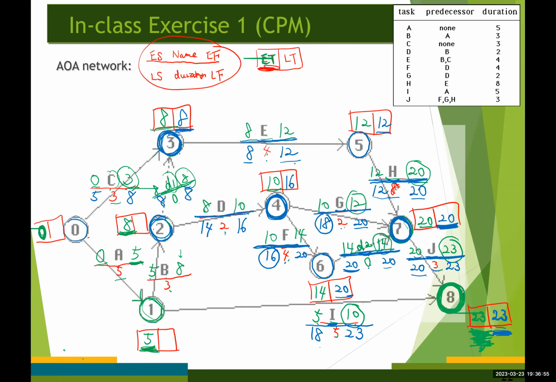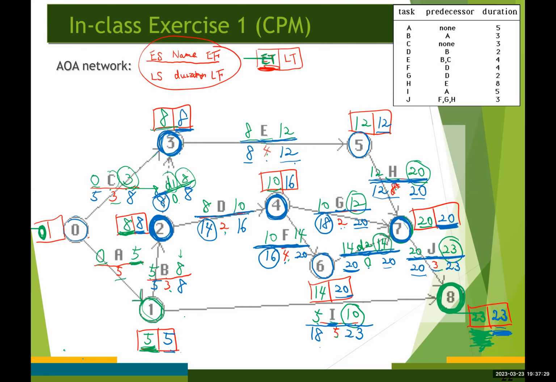Now we need to determine the latest time for event number 2. Again, we're going to go with the smaller value between these two numbers, 8 and 18. So it's going to be 8. And then we have the latest finish time for activity B is going to be 8 from here. 8 minus 3, 5. So we have the latest time for event number 1 is going to be 5.